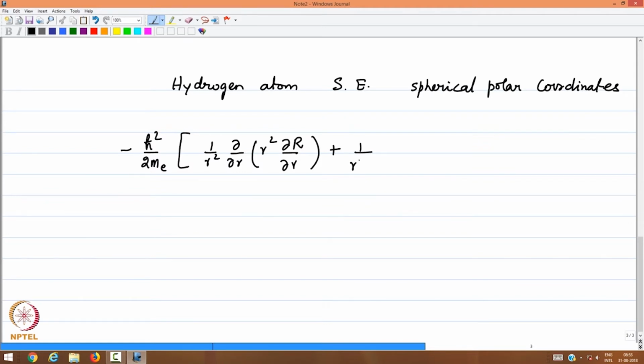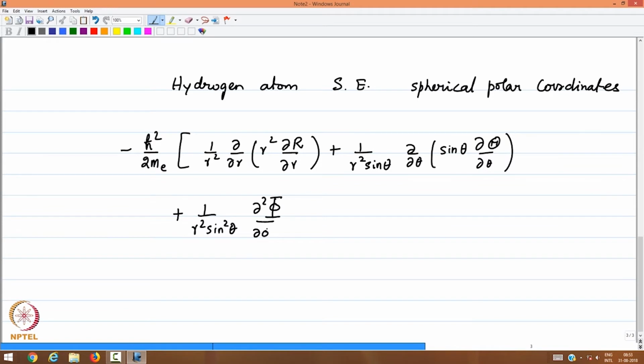And then you had 1 over r square sin theta dou by dou theta of sin theta dou theta by dou theta. This is a function of the polar angle, and then we had the last term 1 over r square sin square theta dou square phi by dou phi square.